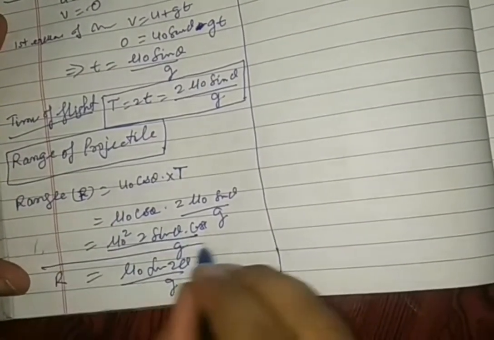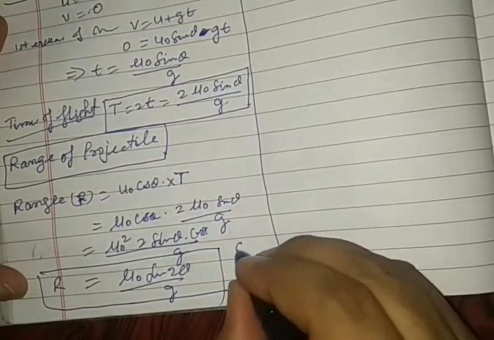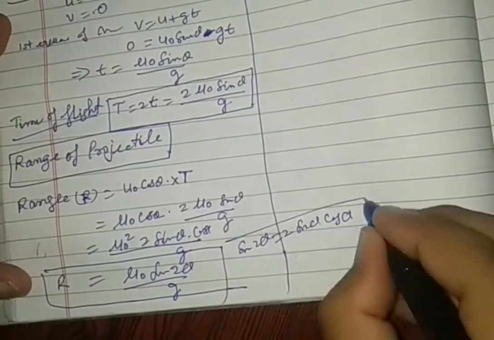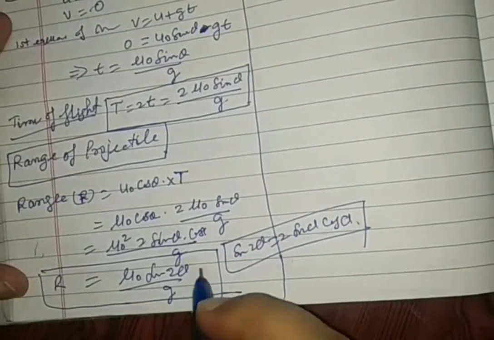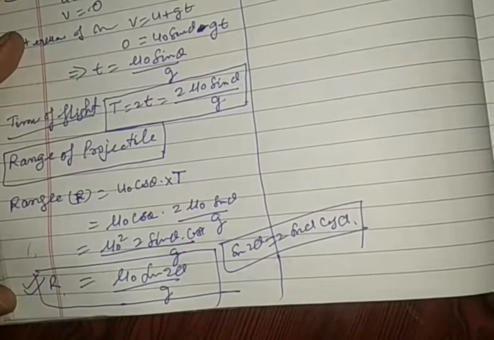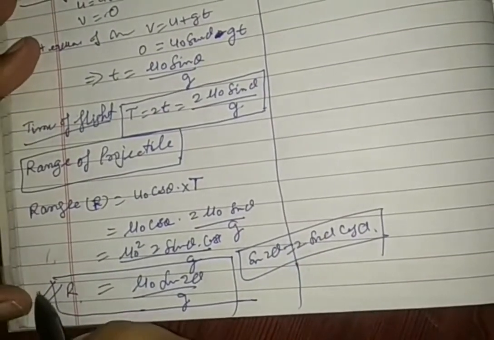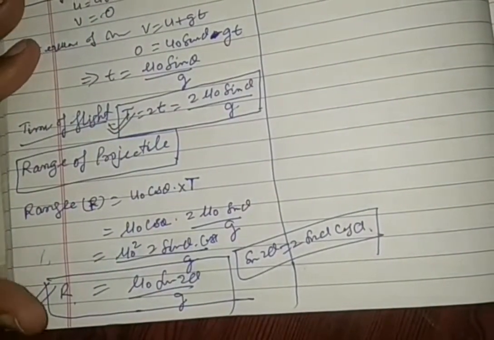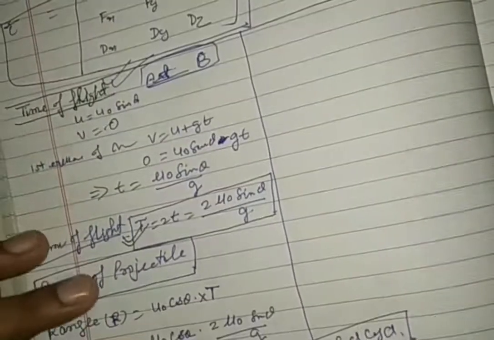This is R, because we know that sin 2 theta is equal to 2 sin theta cos theta. This is the formula used here. So this is the second formula to calculate the range of a projectile, and it is for time of flight. One more formula we are going to derive for this.